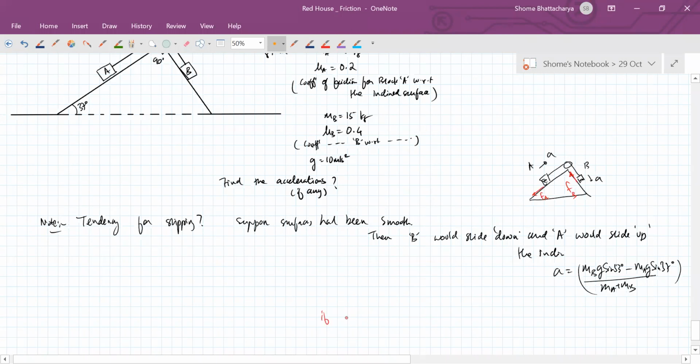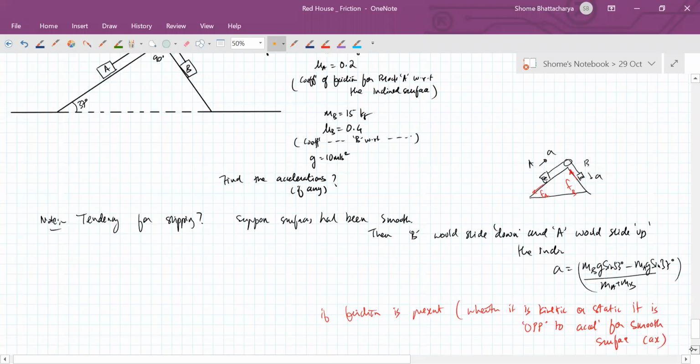So if friction is present, whether it is kinetic or static, it is opposite to the acceleration for the smooth case. That's why the direction should be like this.